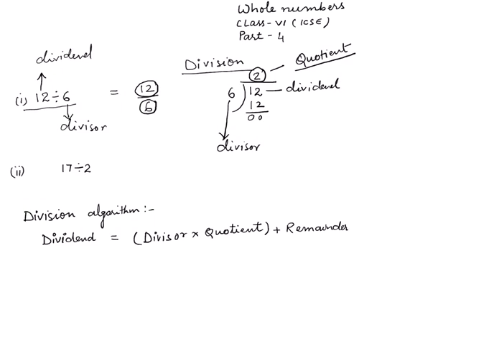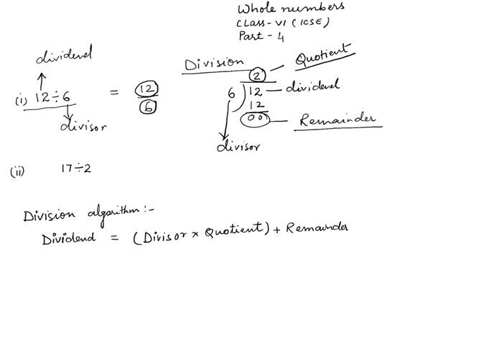And whatever you have got at last here, this is your remainder. So when a number is completely divisible by another number, then you will always get remainder as 0.